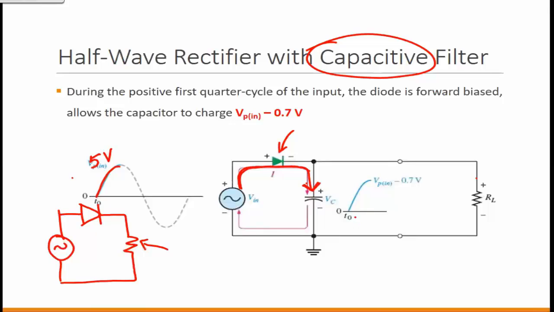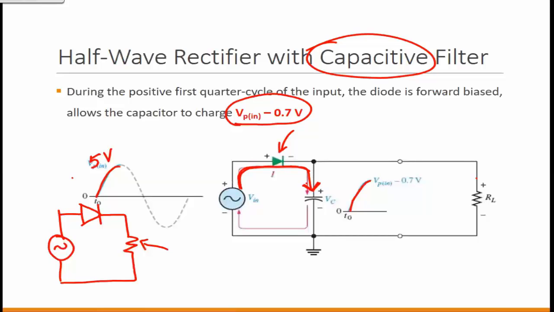The maximum value it can charge to is the input voltage minus the remaining voltage, which is the same formula that you use for a half wave rectifier: V peak input minus 0.7, correct?